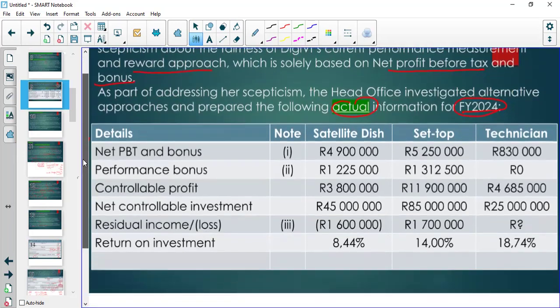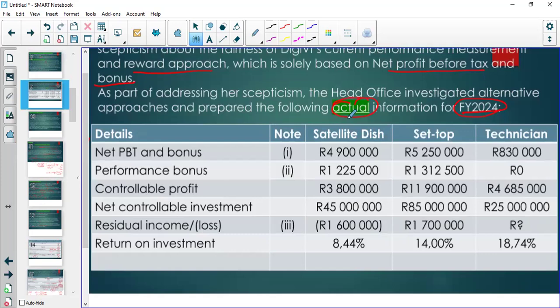And if we look at the ways we can measure, if you look at the actual information for this technician division, we see that they actually have controllable profit, then they have controllable investment, a residual income and a return on investment.